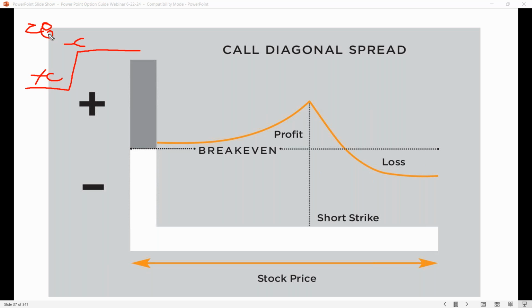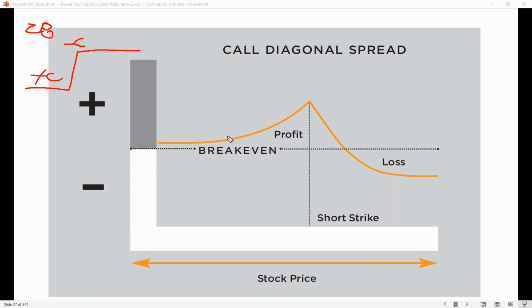Now, this is going to reduce your capital at risk, but you're still going to have a small negative theta. But if we move the long part of the trade further out, it's going to have less theta decay the further we go out, and then we're going to have the short dated closer in.